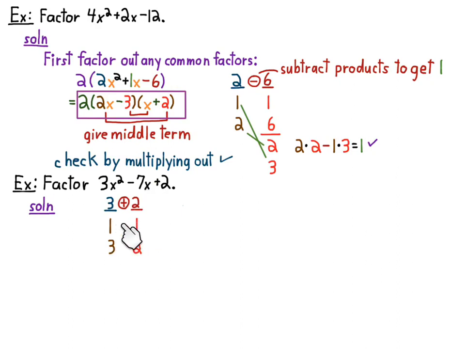Now, both of these are going to be negative, and that'll force it to be negative 7. Right now you're just trying to get the right magnitude. So I'm going to go that way. Right? Because that's 7. The 1 goes there, which you don't usually write out. You just write x, and then the 3 went in the other place.